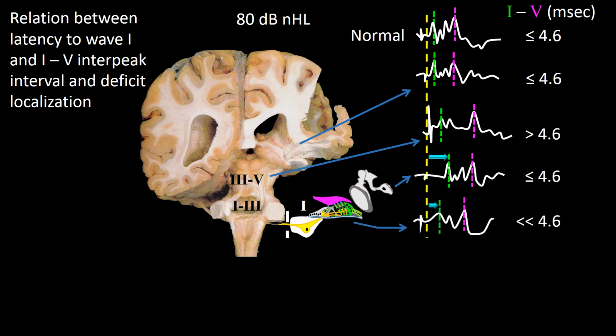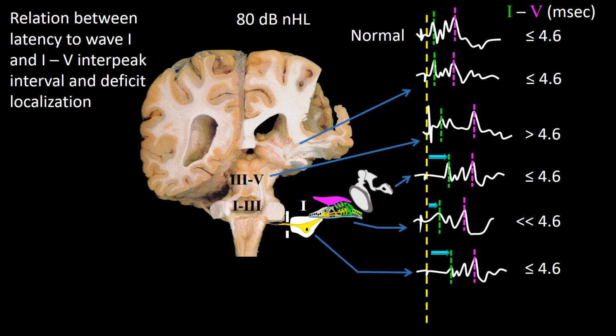In the presence of cochlear deficit, implying basilar membrane pathology, latency to wave 1 will be increased, but the latency between 1 and 5, that is the interpeak latency, will be decreased.